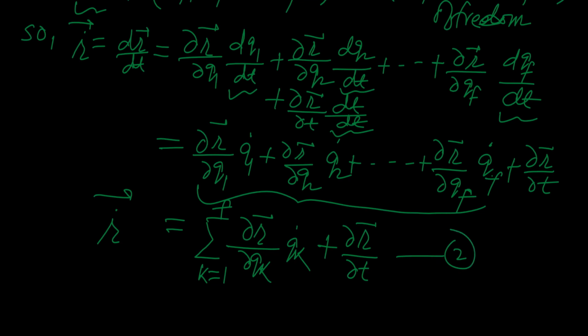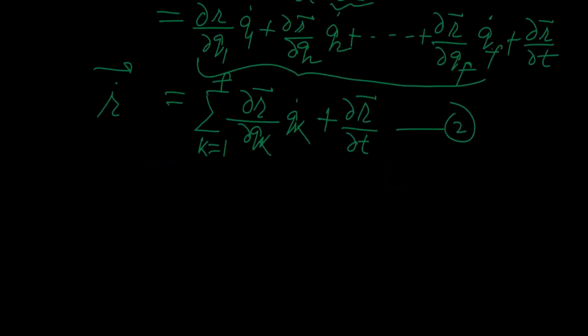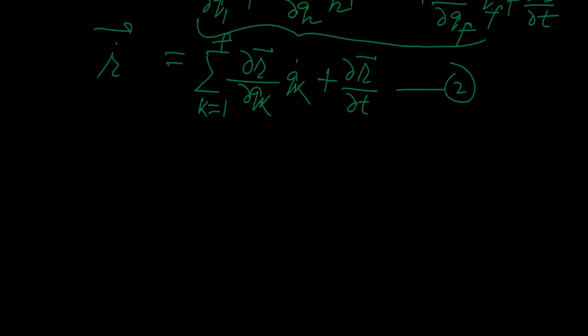Now this result obtained in equation 2 is partially differentiated with respect to any other generalized velocity. What do you mean by qk dot? This qk dot is the kth component of generalized velocity.